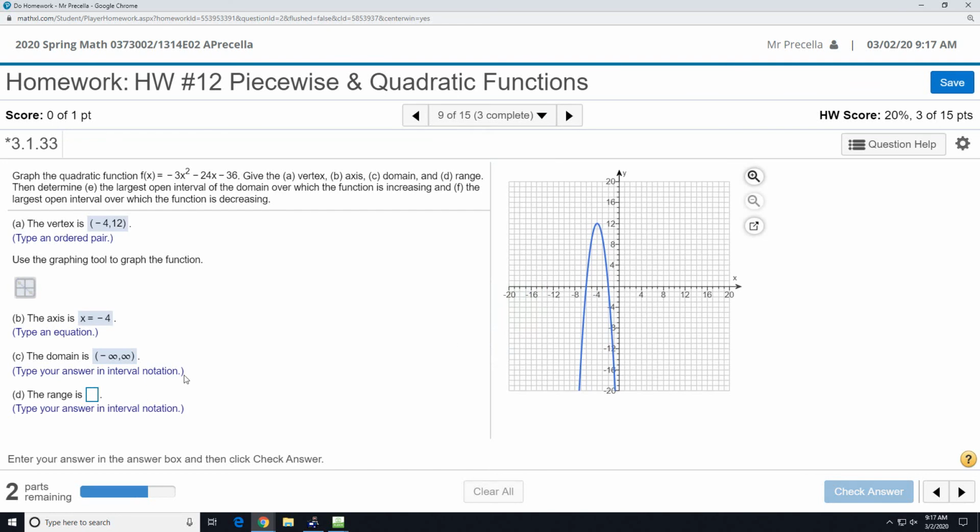Now the range, that's going to take a little bit of thought. The y values are not -infinity to +infinity. We just look at this graph here. This graph, the way it is, starts at this point and it just keeps going down. It's not going up.